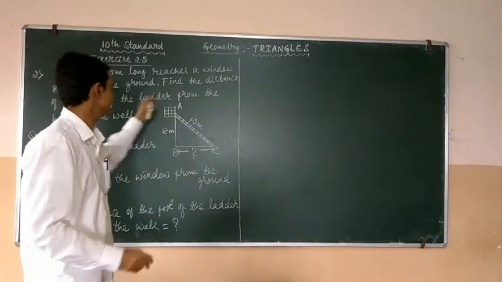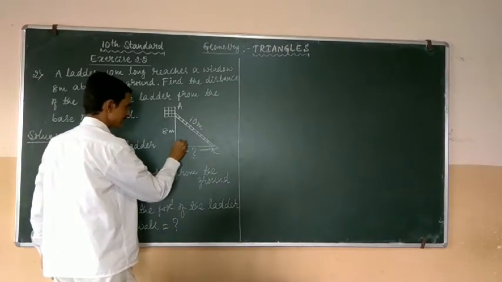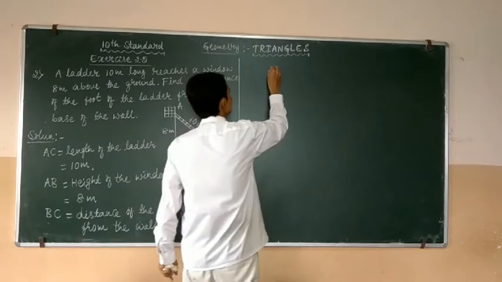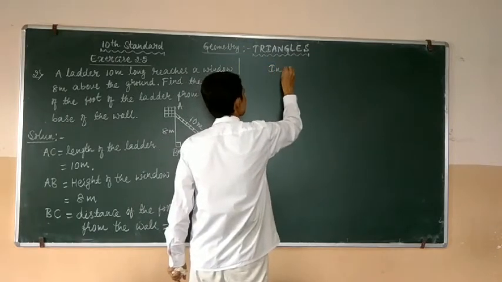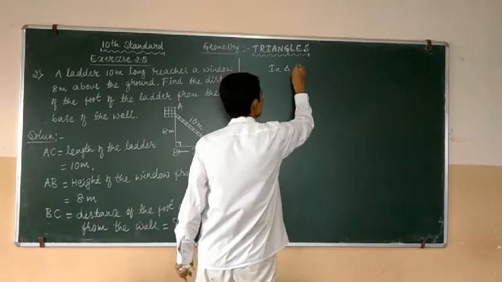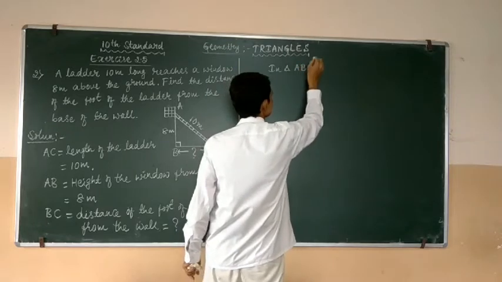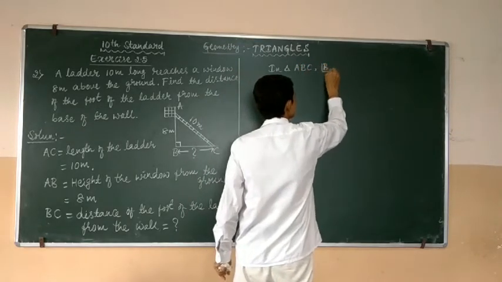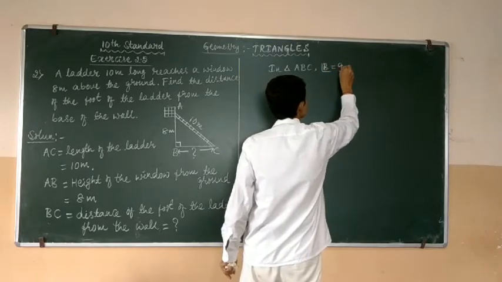If you observe the triangle ABC, in triangle ABC, angle B is equal to 90 degree.